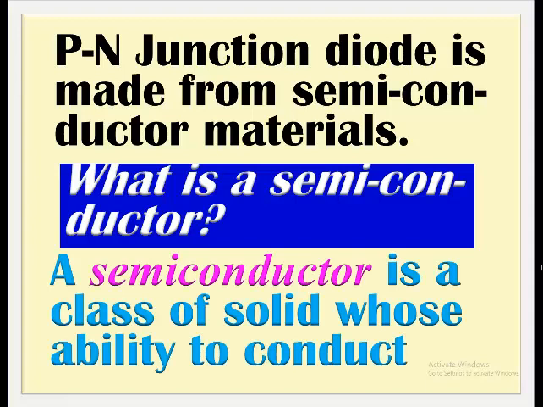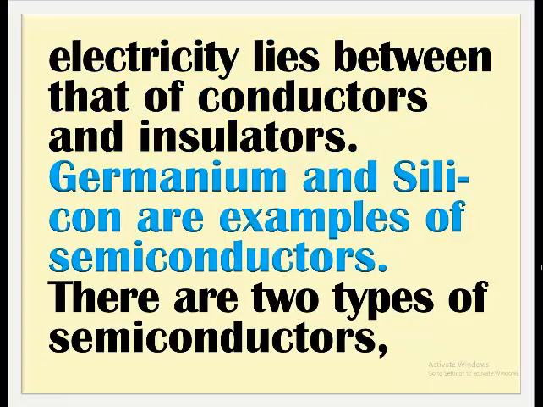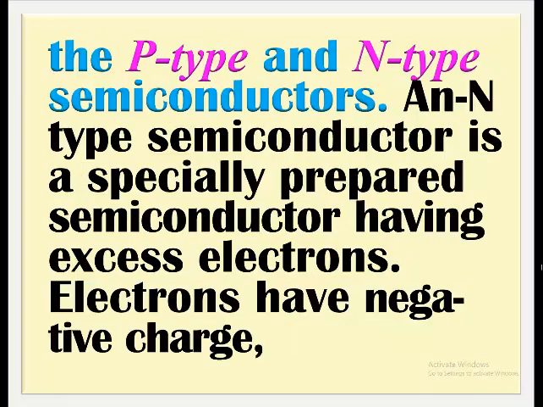A semiconductor is a class of solid, whose ability to conduct electricity lies between that of conductors and insulators. Germanium and silicon are examples of semiconductors. There are two types of semiconductors, the P-type and N-type semiconductors.